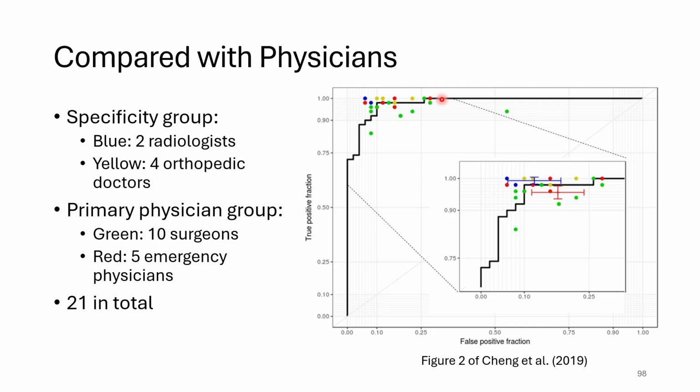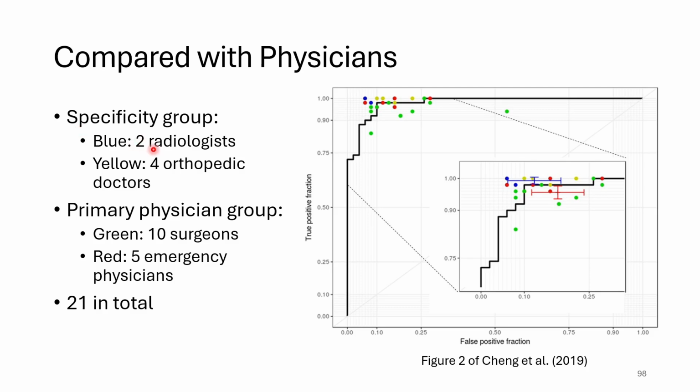And the most interesting part of this paper is comparing the performance of the network with human doctors. So they asked a total of 21 doctors to participate in the research. They are separated into 2 groups. The first is the specialist group.